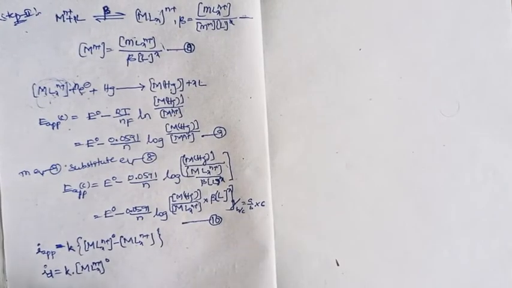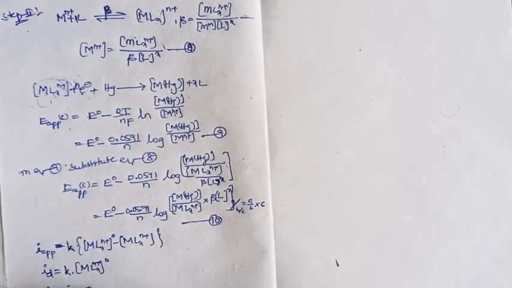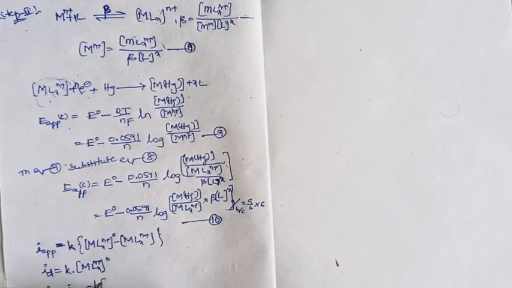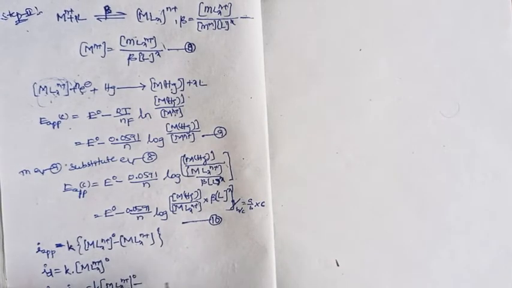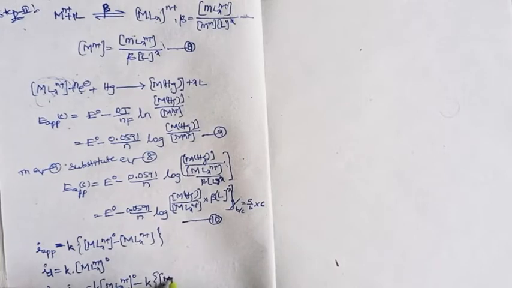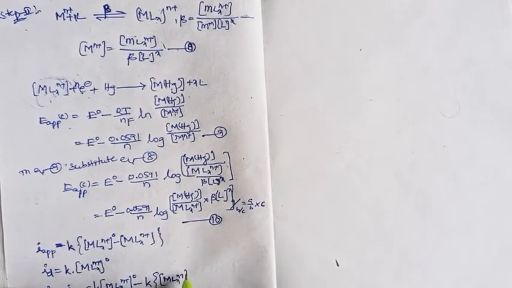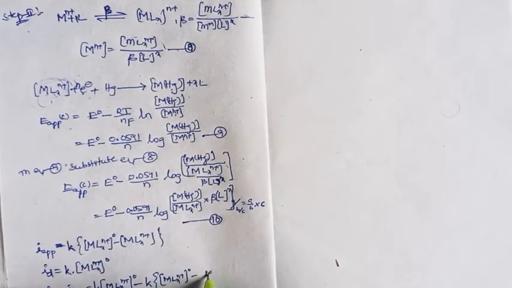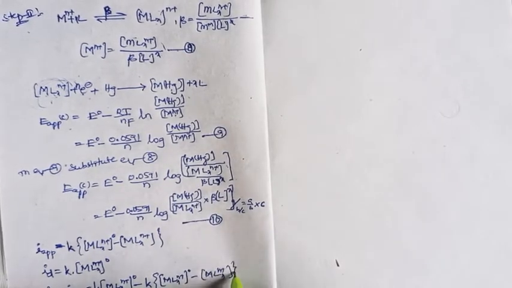So here the difference between the diffusion current and the applied current could be equal to K into the metal complex initial concentration minus K into the remained metal complex concentration.